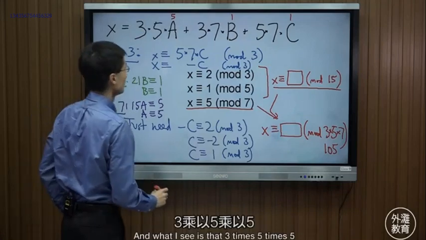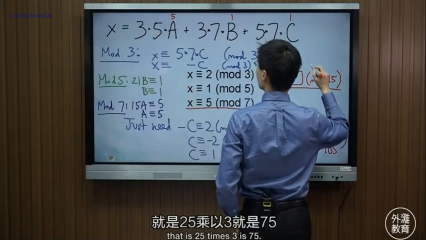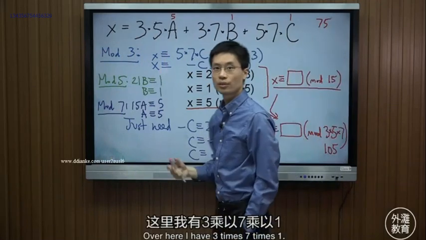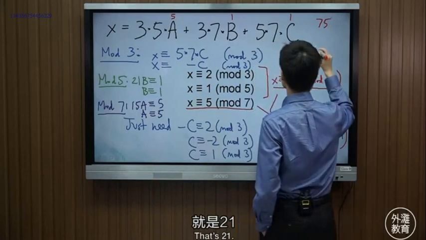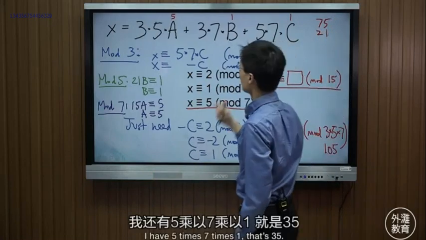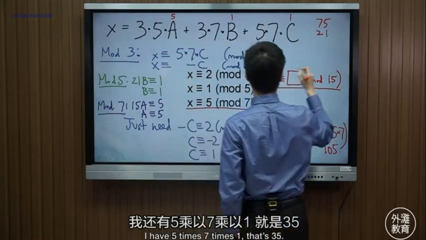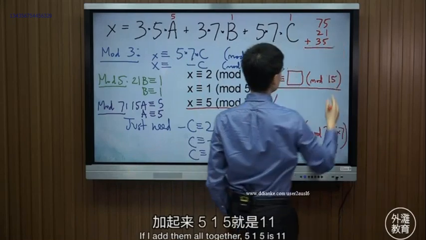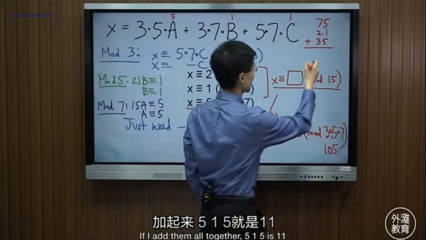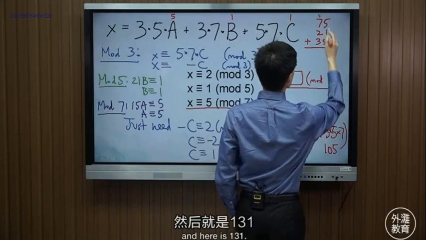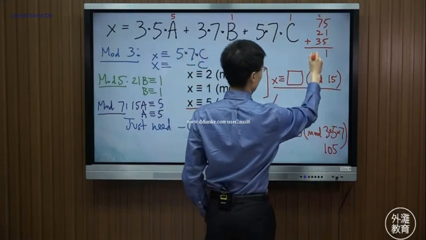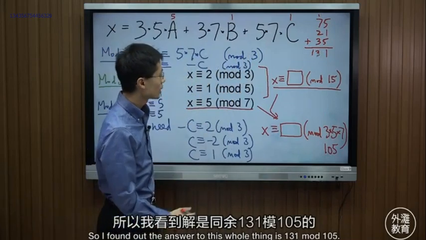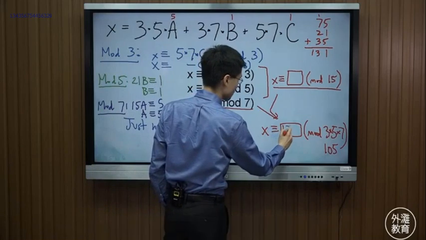And what I see is that 3 times 5 times 5, that is 25 times 3 is 75. Over here I have 3 times 7 times 1, that's 21. I have 5 times 7 times 1, that's 35. If I add them all together, I get 131. So I found out that my answer to this whole thing is 131 mod 105.